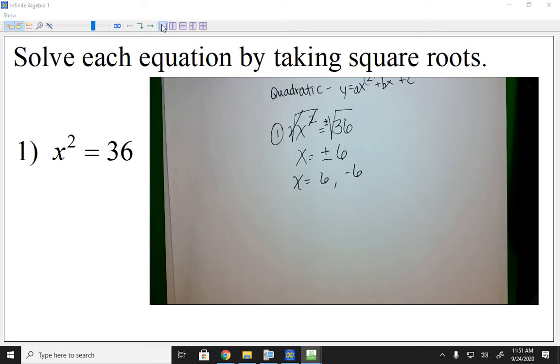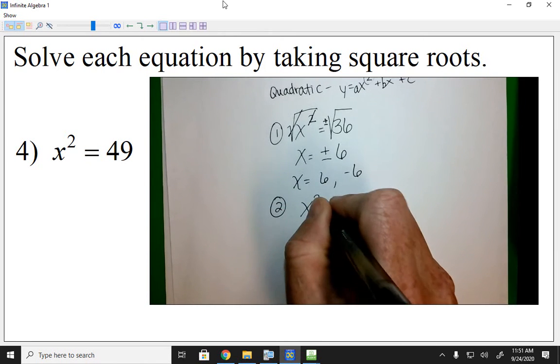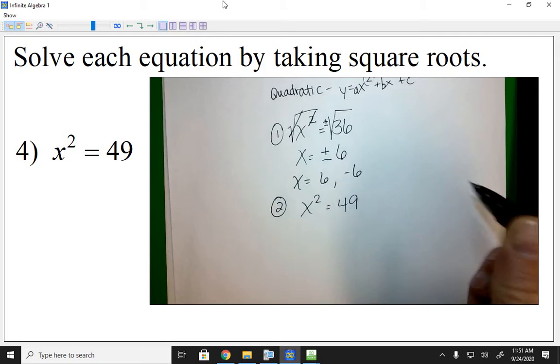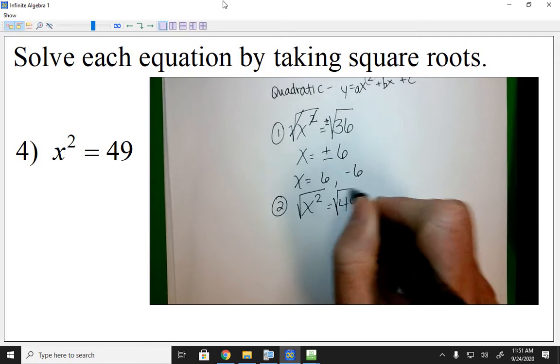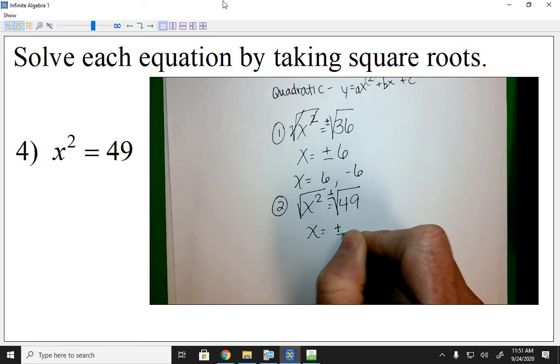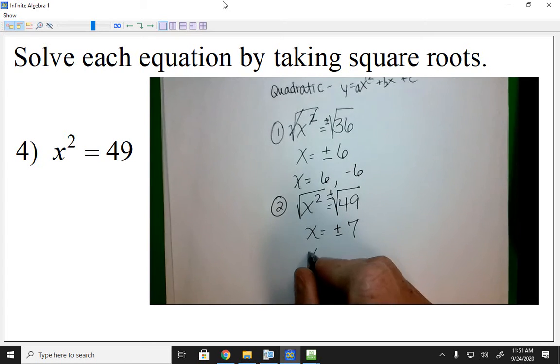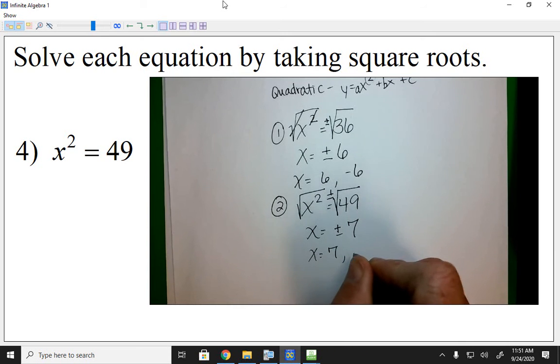Alright, so let's look at one more of these because you guys can do these. So again, we have a square. We need to find the square root. Make sure there's a plus or minus sign out front. And that leaves us with 7, which actually means positive 7 and negative 7.